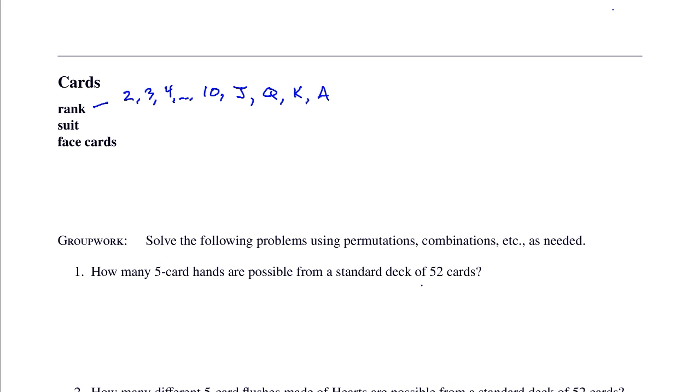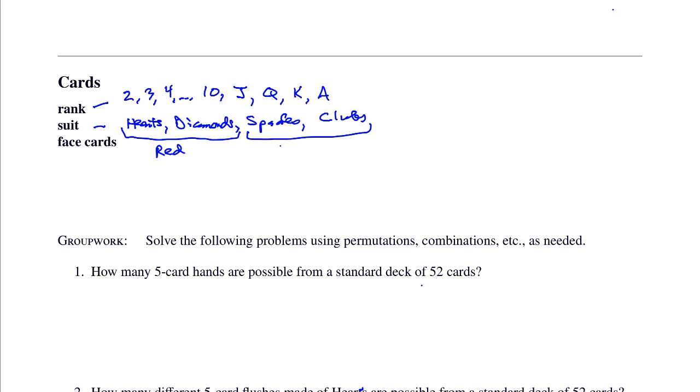And then the suit. What are the suits of the cards? There are hearts, spades, clubs, and diamonds. Okay. So one thing you want to know about the suits of cards is the hearts and diamonds are red. And the spades and the clubs are black.